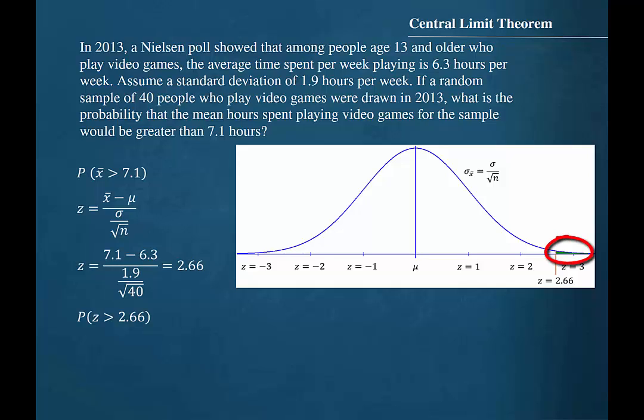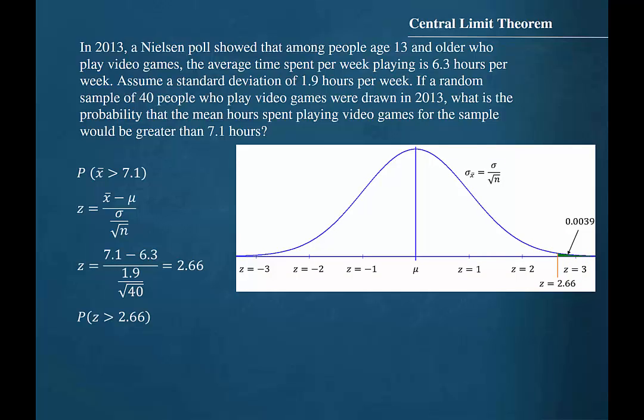So we will shade the region under the normal curve to the right of 2.66. Using a tool such as a normal probability table or a graphing calculator, we would find that the proportion of the distribution occupied by that shaded area is 0.0039.